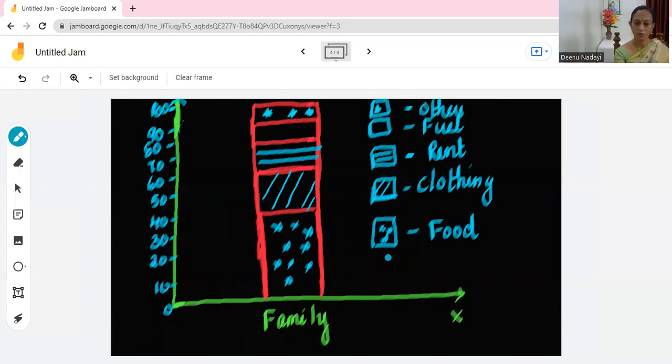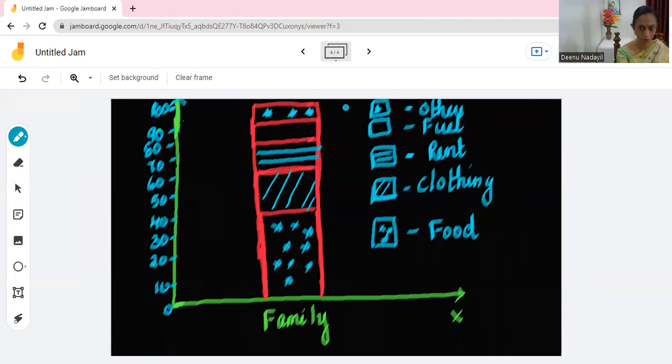All right, so now after that, a title also should be written. What is our title, students? The title should be written on the top. Since I don't have space here, I'll be writing here, but actually it should be written on the top. What type of diagram is it?